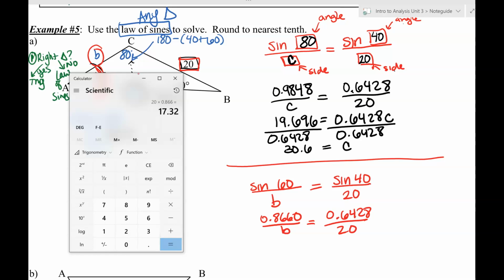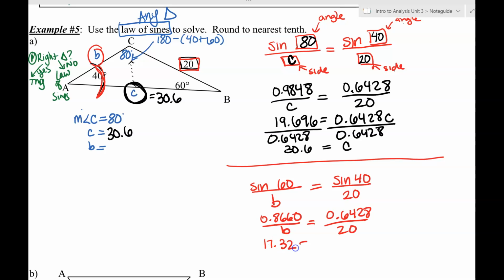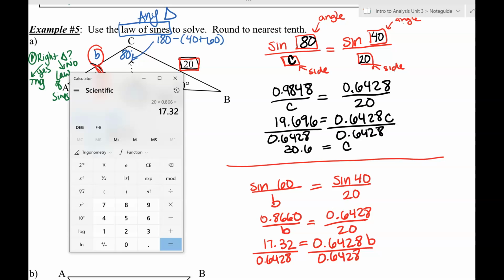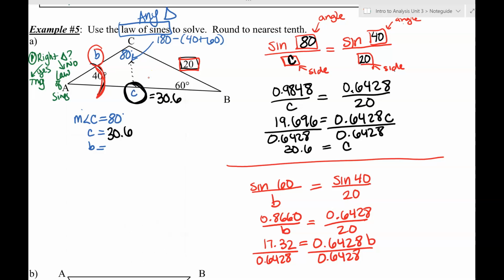That's going to give me 17.32 equals, the decimal is going to multiply times B. And so now to find my final answer, I am going to take 17.32 and divide it by 0.6428, giving me 26.9. And again, that seems appropriate because it should be bigger than the 20 length side because it's across from a bigger angle, but smaller than the other side.